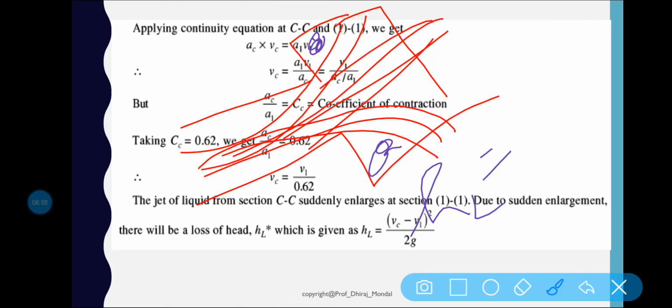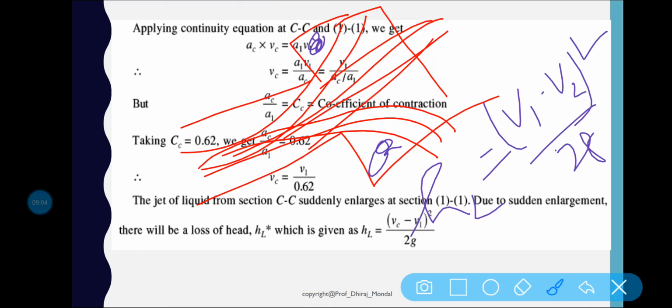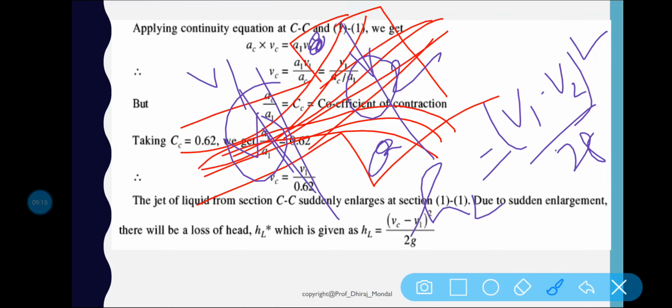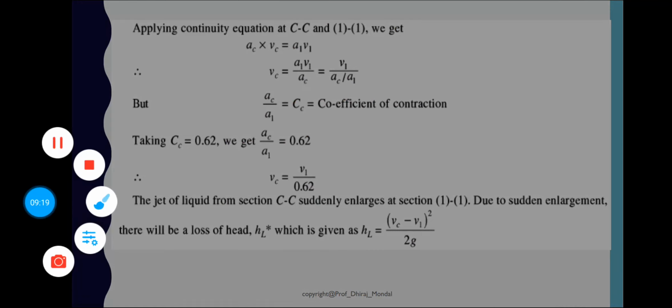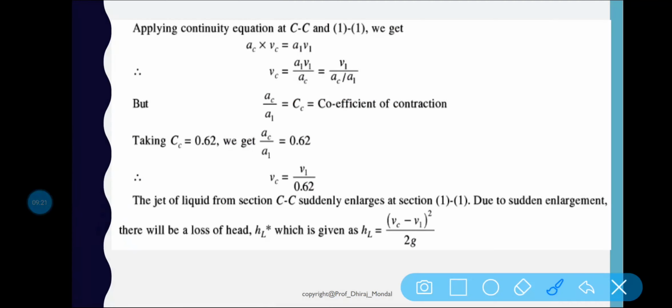It is equal to (V1 minus V2) whole square by 2g. Basically, this is your velocity V1 and here is your V2. The difference of the velocities in the two pipes, squared, by 2g, is the loss due to enlargement. Keep it in your mind; it will be discussed afterward in the flow through pipe chapter.